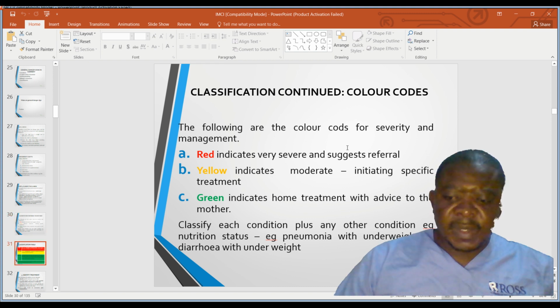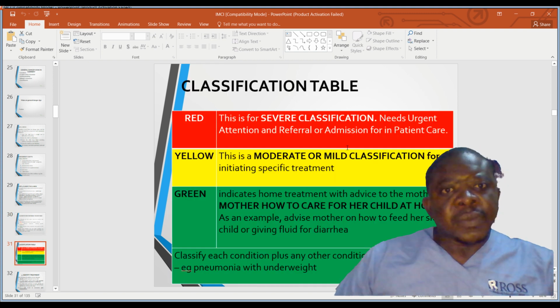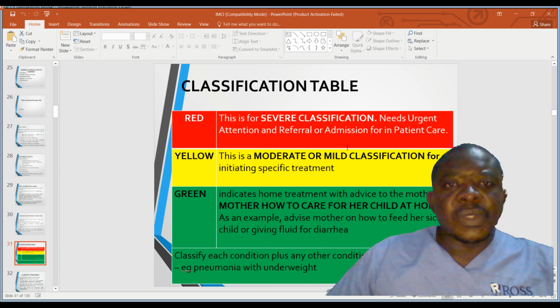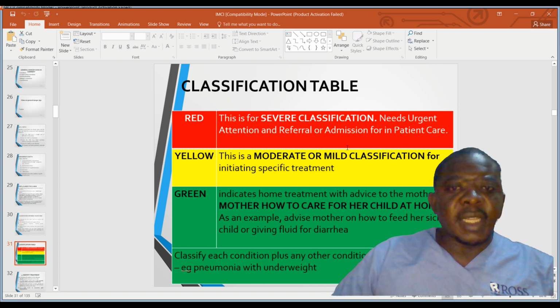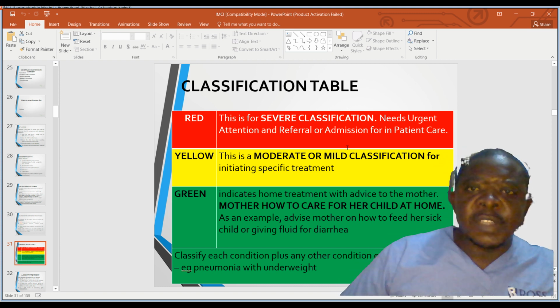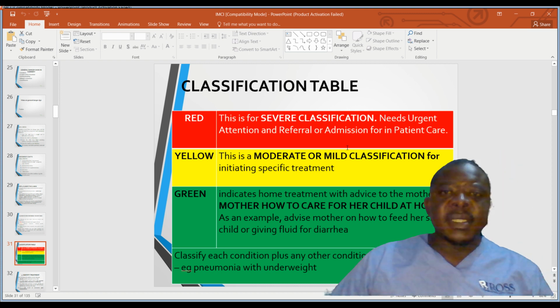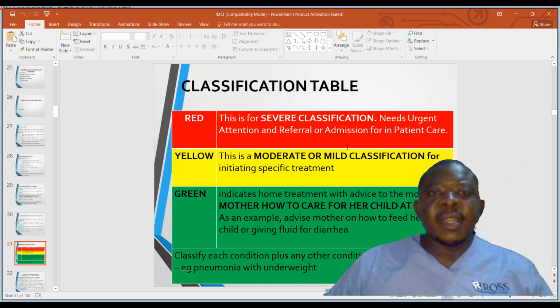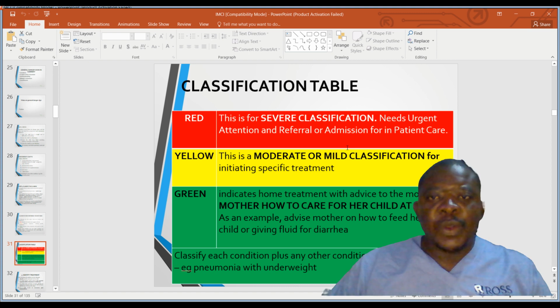Okay, so now here are the color codes and the measures that might be needed. So classification table: red, this is a severe classification, needs urgent attention and referral or admission for inpatient care.